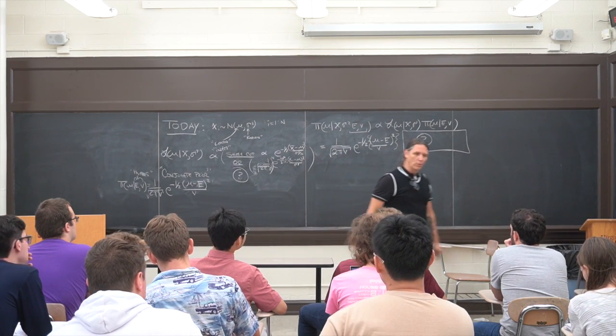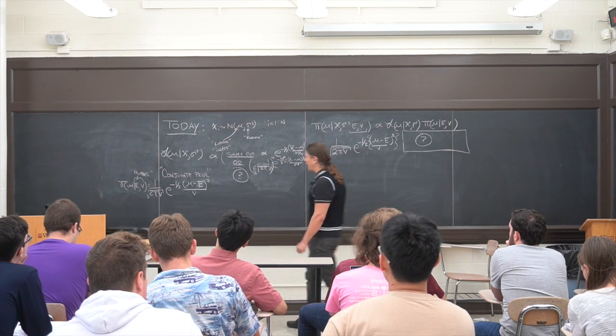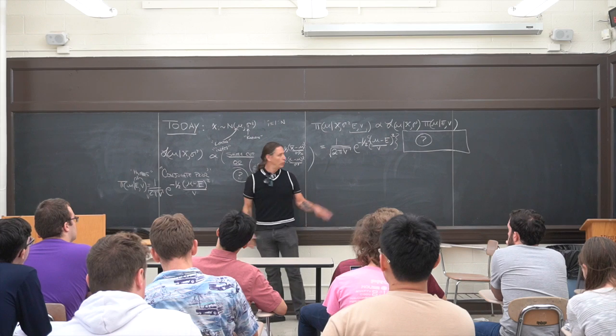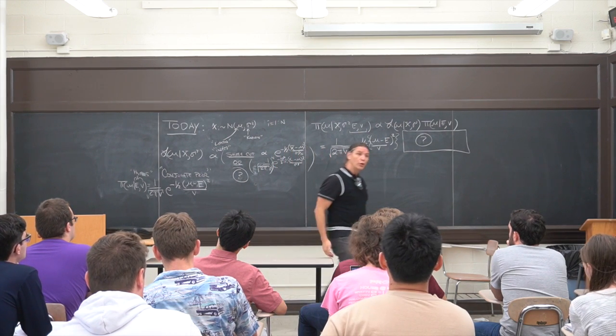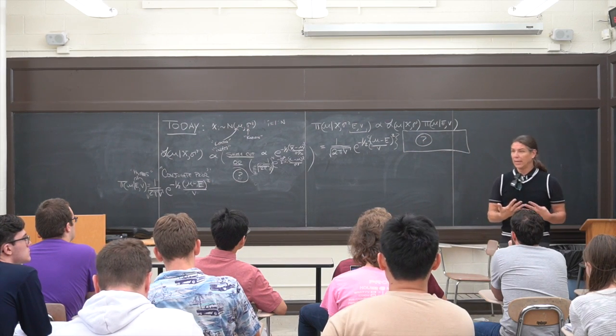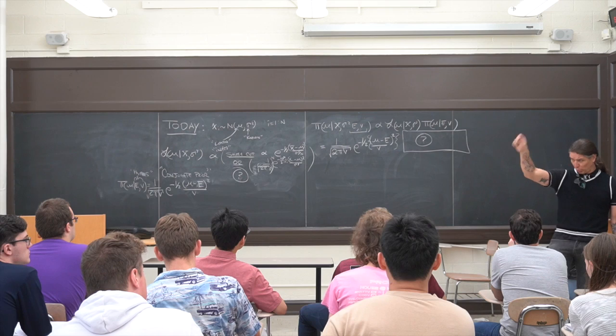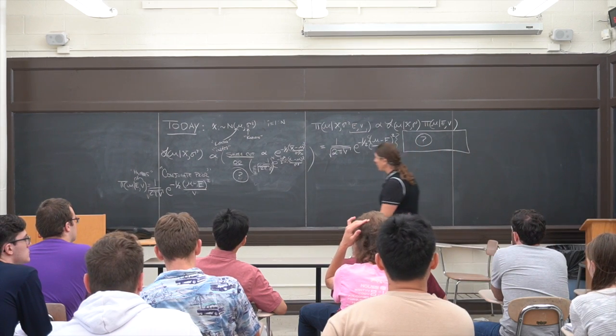All I really want you to know is that people call them conjugate priors when the prior and the posterior belong to the same family. And you can verify that if I add together two parabolas, two quadratic forms, that's another parabola. Hopefully in high school you drew enough parabolas that you could draw what that parabola looks like.